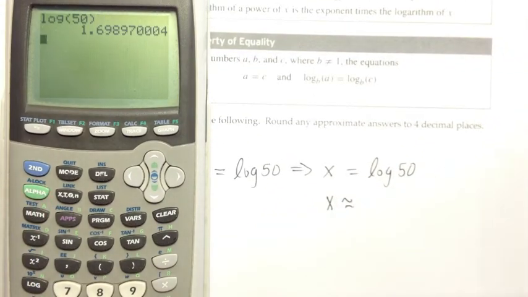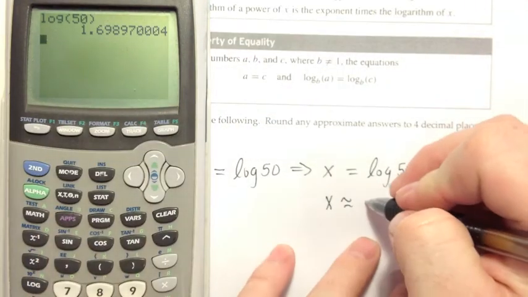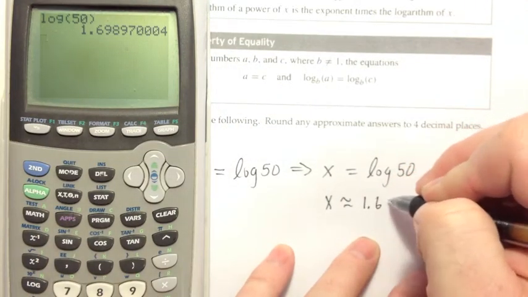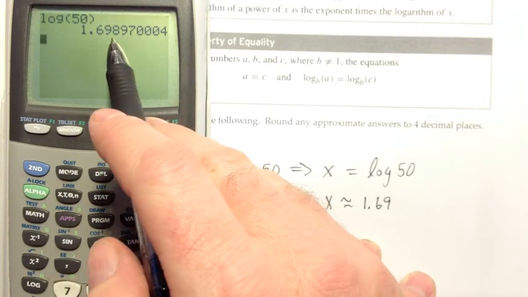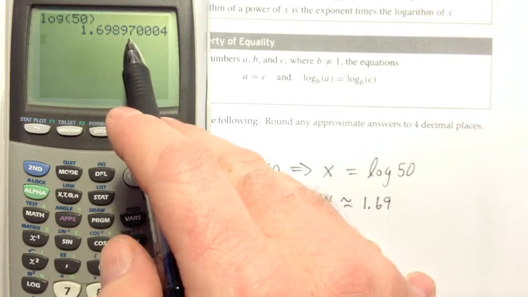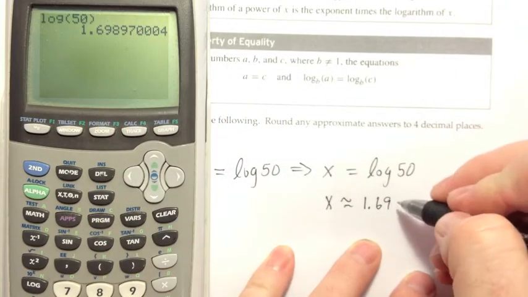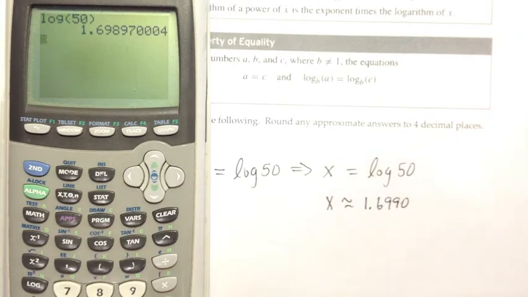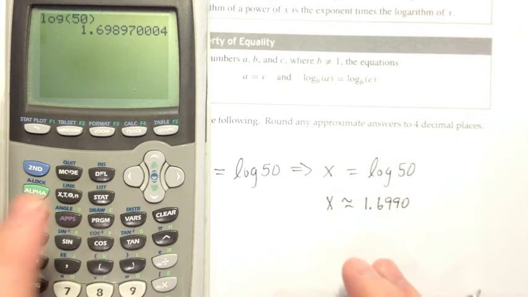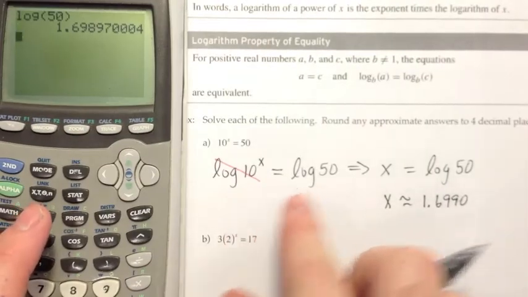So I get 1.6 something, and let's round that to 4 decimal places, 1.69, and then it's an 89 but followed by a 7. So if I think of that as an 89 and then I see the 7, I have to round it up, that would become 89 rounds up to 90. So I'd put 1.6990.